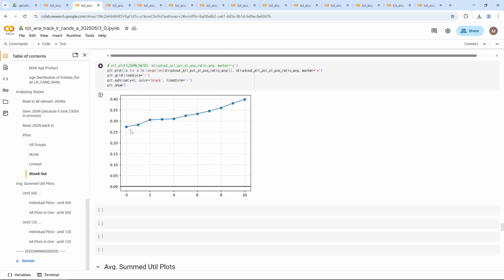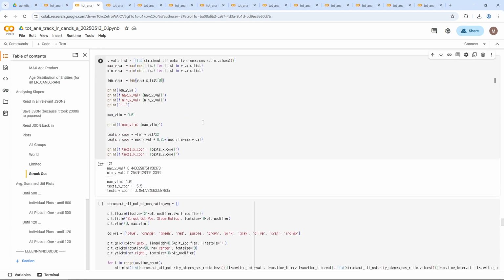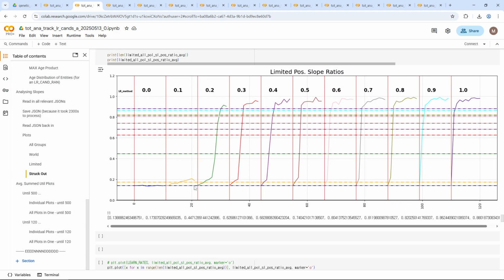We see a continuous rise on this plot as well, and the point still stands, as in bigger changes happen when learn rate goes from 0.1 to 0.2. It doesn't seem that big here, but it is quite big here.